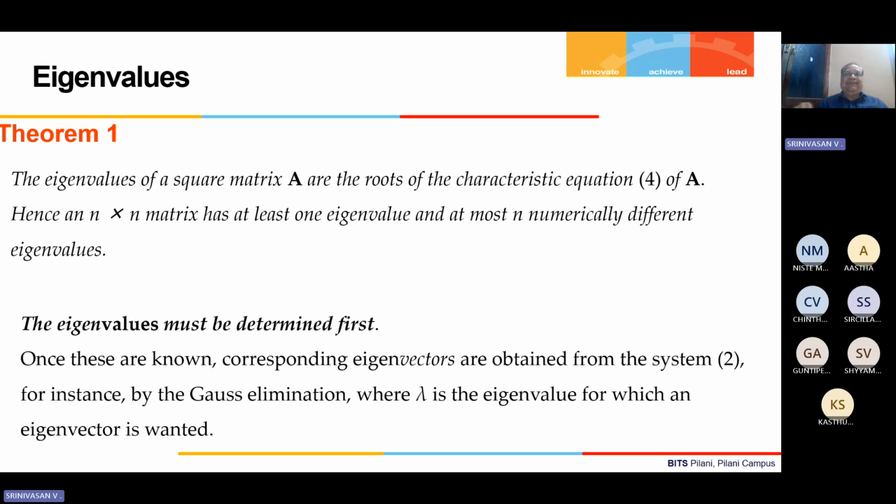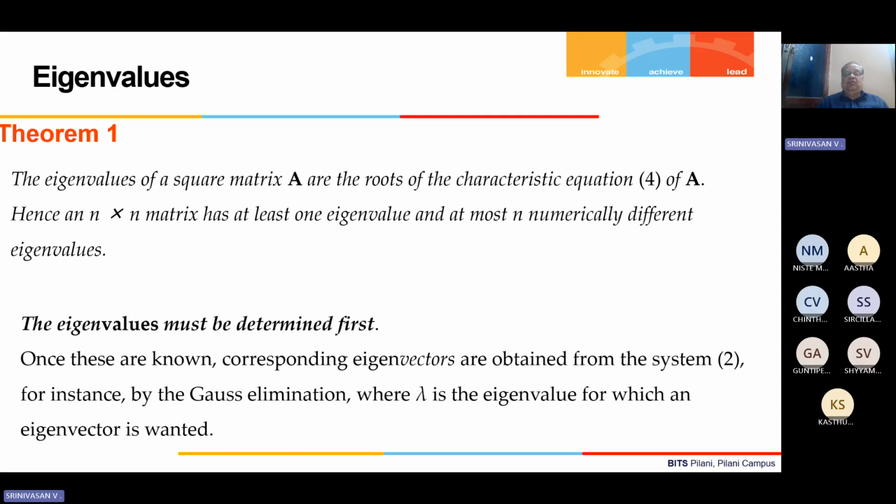Equate to 0 and expand that characteristic polynomial in lambda, so that it becomes a second degree, third degree or fourth degree equation in lambda equated to 0. So you can solve for lambda. Such values of lambda are also called roots.